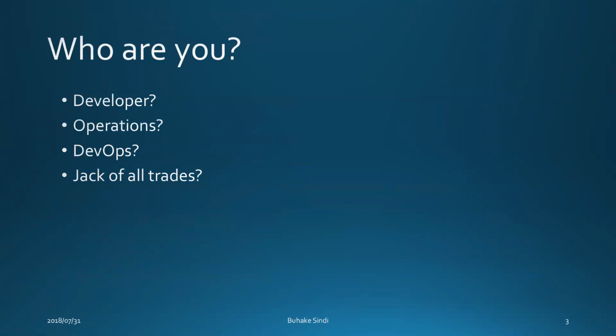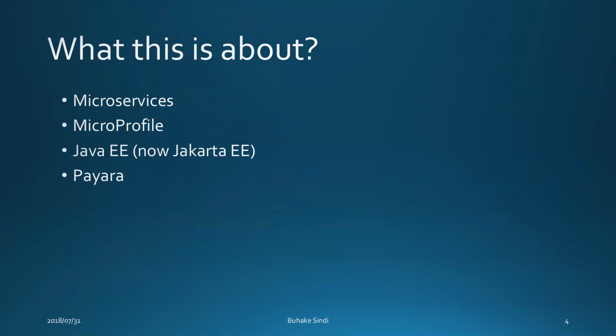Okay, so let's begin. We're talking a bit about microservices, because these are buzzwords and basically everybody talks about microservices. In the Java space, we'll be talking about MicroProfile, Java EE, which is now called Jakarta EE and is now an Eclipse project, how the whole Eclipse project fits in, and then Payara.